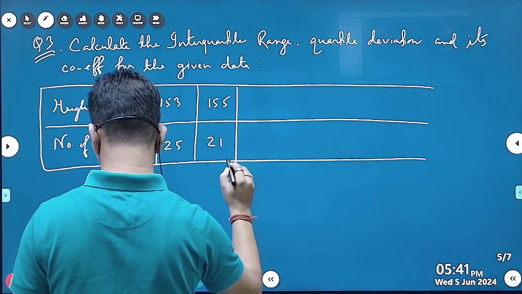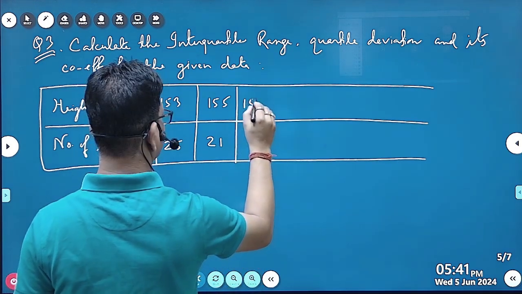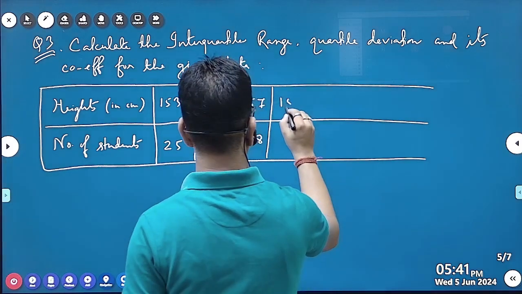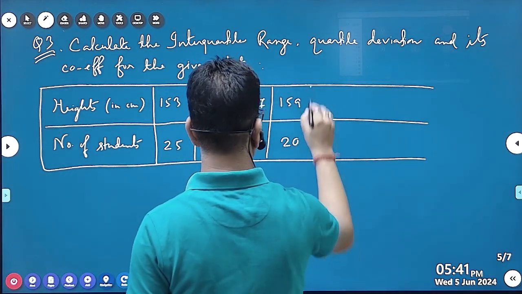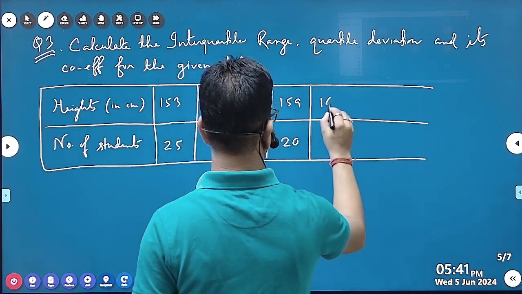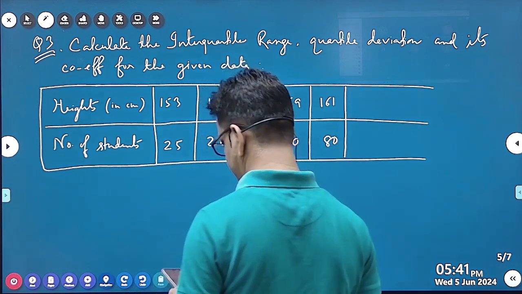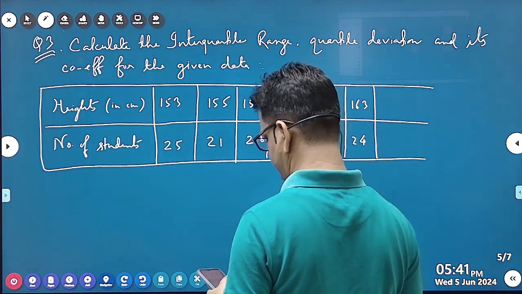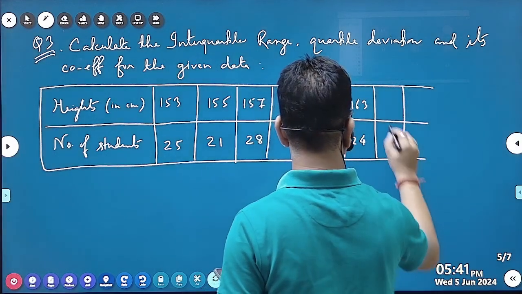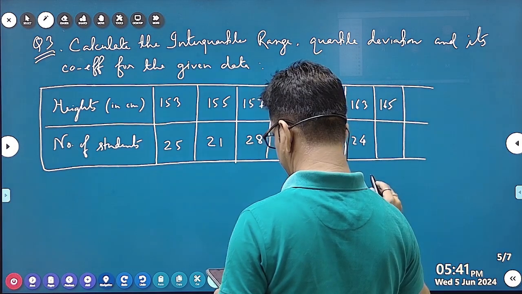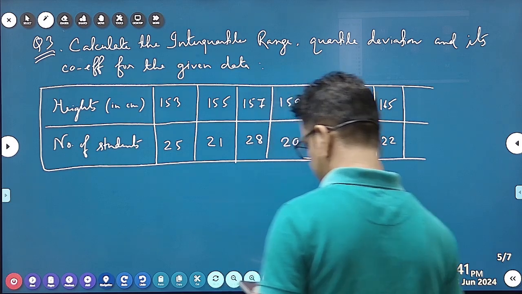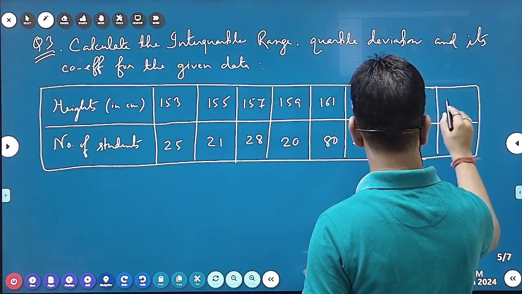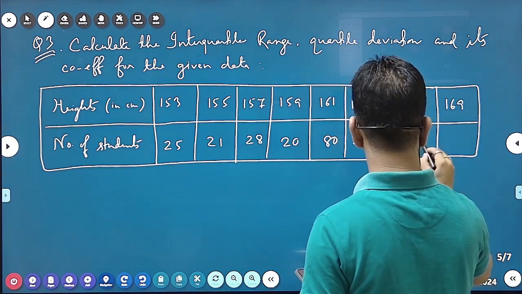Then 157, 28 students, 159, supposing 20 students, 161, 80 students, 163, 24 students, 165, suppose 22 students, and two more I have, 167 and 169, suppose 18 and 23 students.